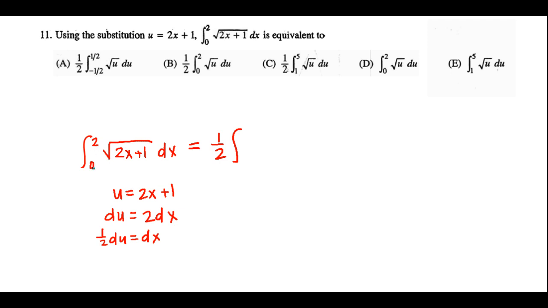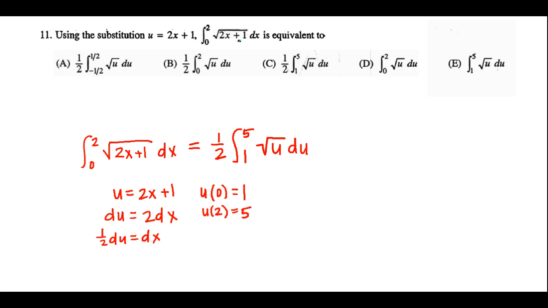I have to change the limits of integration, so I have to evaluate u of 0. So plugging 0 in for x, I'll get out a 1, and then I have to substitute in the upper limit of integration. So 2 times 2 is 4 plus 1 is 5, so my new limits of integration are from 1 to 5 of the square root of u, because 2x plus 1 was my substitution, u du.